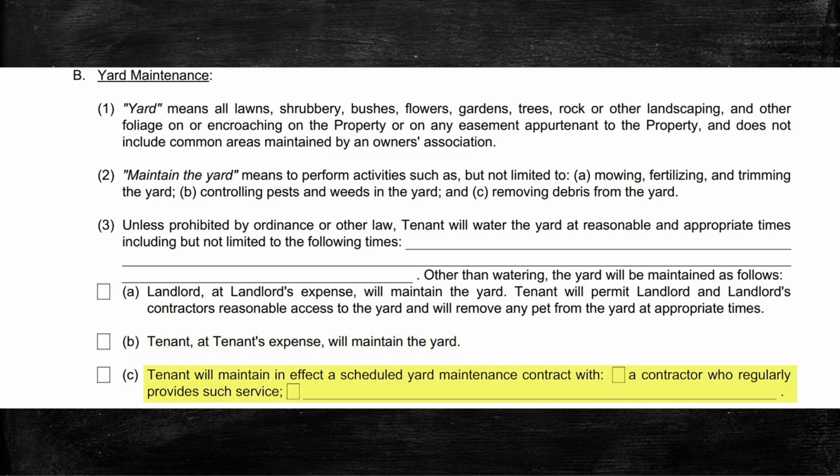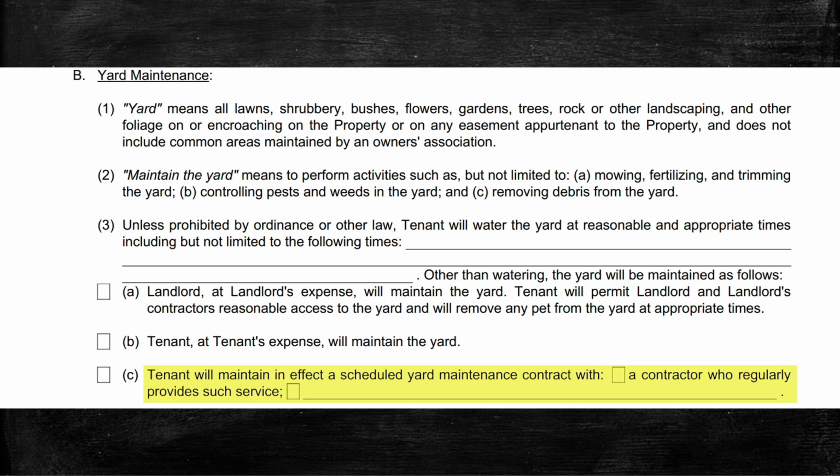The third option here says the tenant will maintain in effect a scheduled yard maintenance contract with either a contractor who regularly provides such service, which the tenant can select, or the second checkbox, the parties can name a specific yard maintenance contractor who will maintain the yard. So, for example, maybe the landlord wants the yard maintained by a very specific landscaper, but it's going to be the tenant's obligation to pay that landscaper.